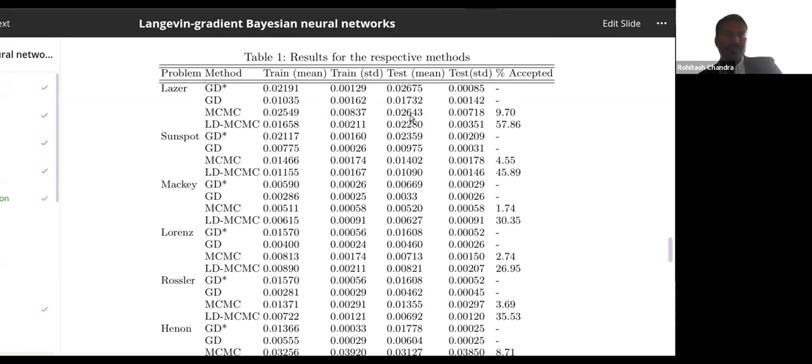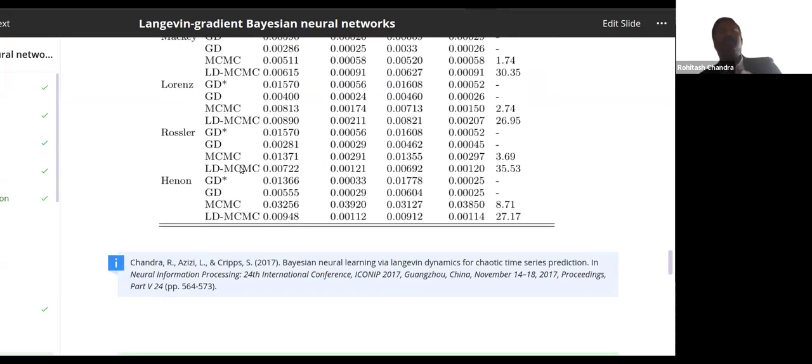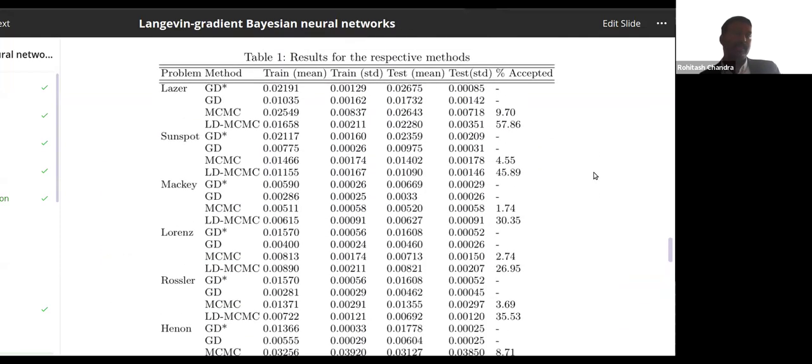MCMC is just a random walk MCMC, and the Langevin dynamics MCMC in most of the cases achieves better RMSE results for the same number of samples.